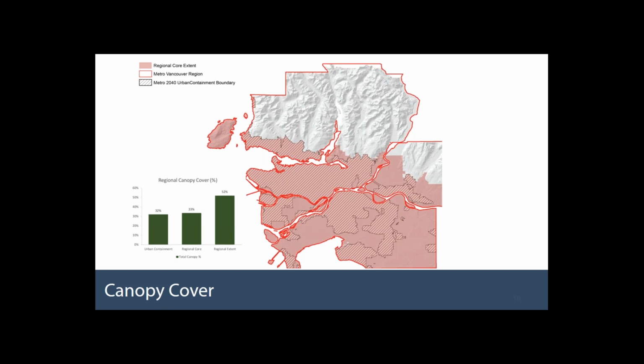For the regional core, shown on this map as the darker area, it's 33%. And finally, for the urban containment boundary, shown here in hatched, and just as a reminder, this is the area established by Metro 2040 as the long-term stable footprint for growth, so it's intended to avoid sprawl. And here the canopy is 32%, so not much lower than the regional core.